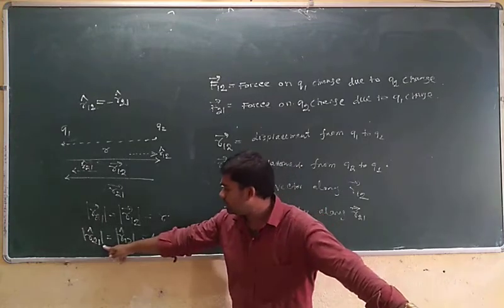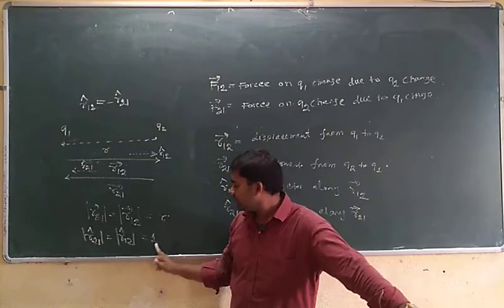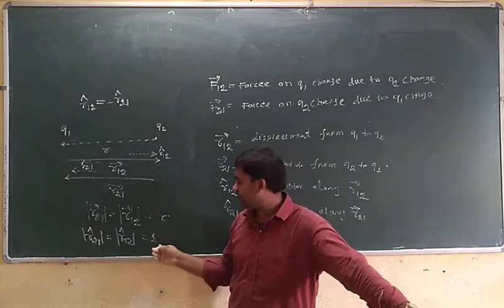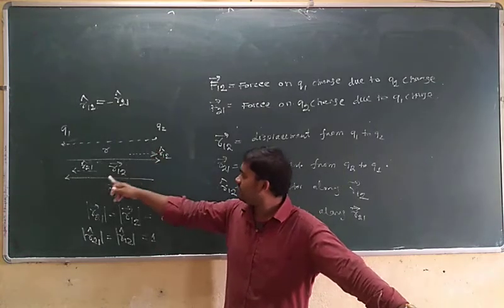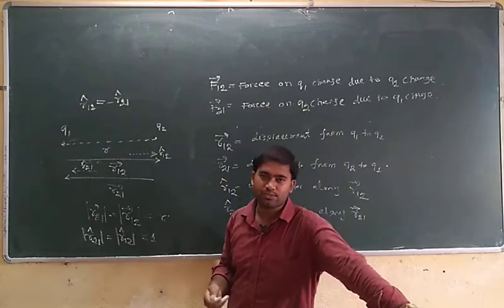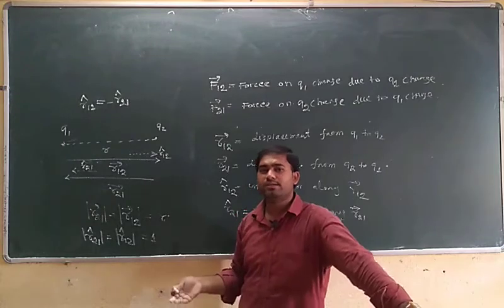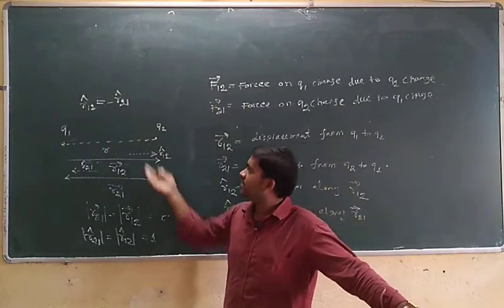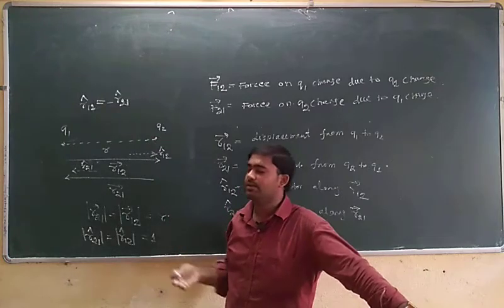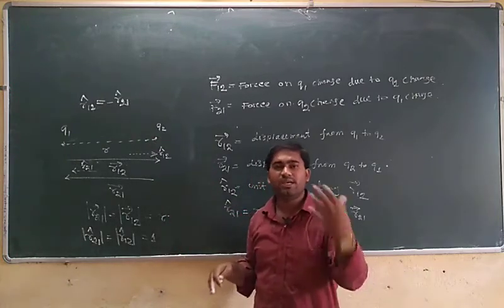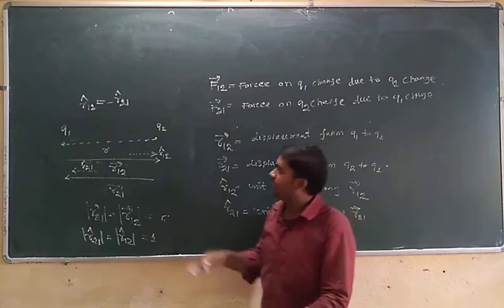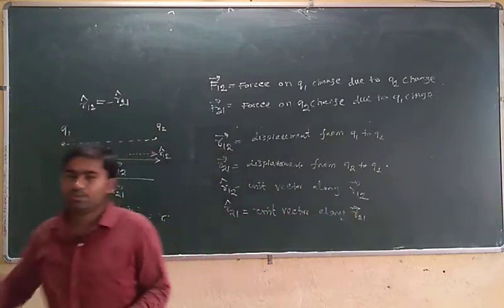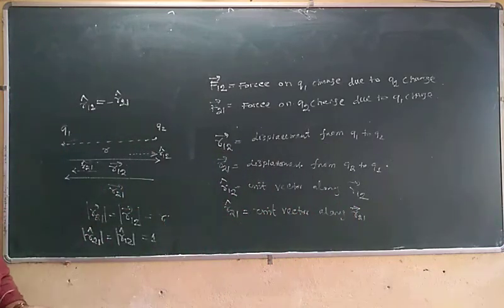R12 cap and R21 cap have magnitude 1 because they are unit vectors, and their directions are opposite. Negative vector means a vector equals minus b vector. That's why we can write R12 cap equals minus R21 cap.